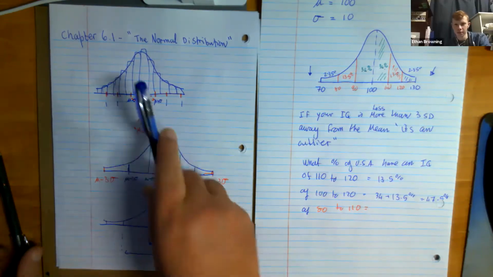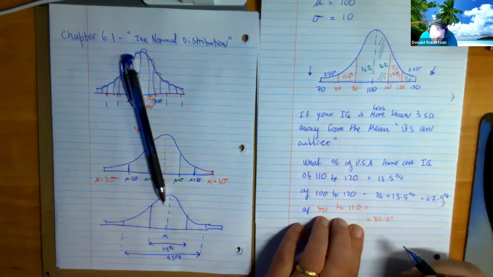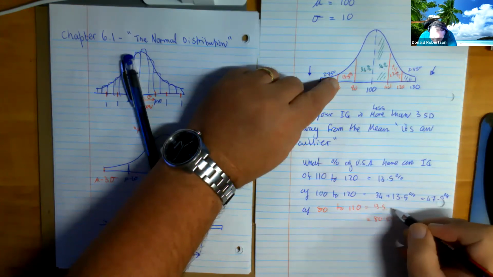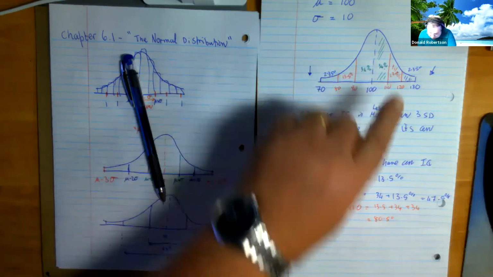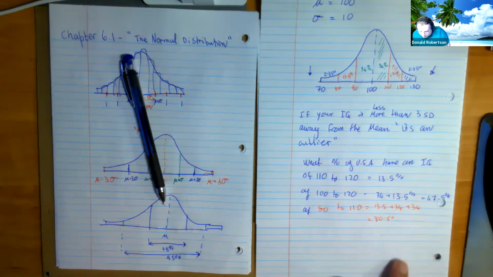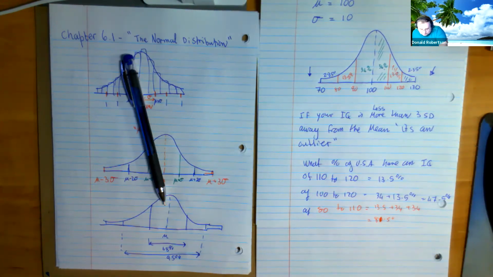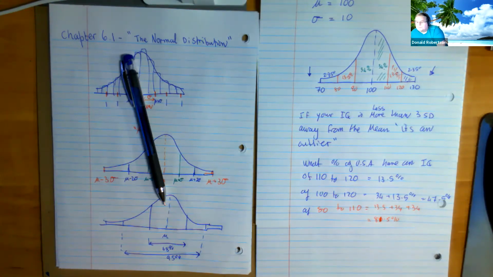Let's see how that works. Well, I hope you said, okay, that little piece of cake is 13.5. This piece is 34, and so is the piece next to it. And that's 68, 78, 80. I think it's 81.5. But I don't trust my own counting here. Yeah, 81.5. So you're probably doing it right, just didn't quite add it up.